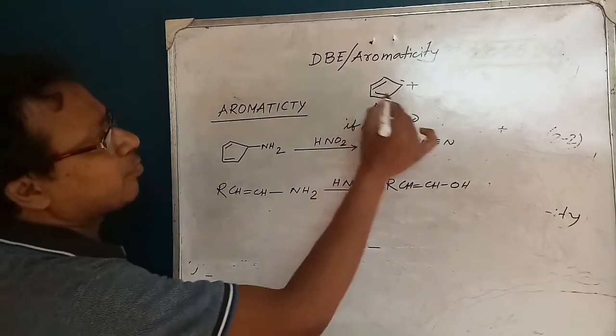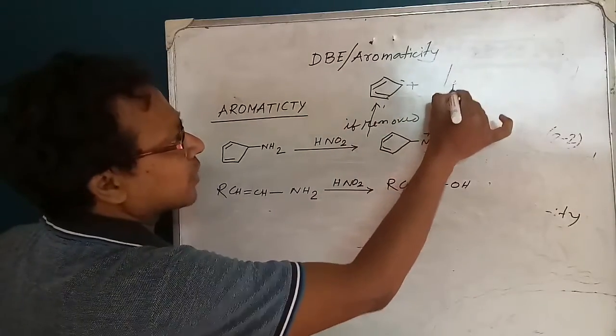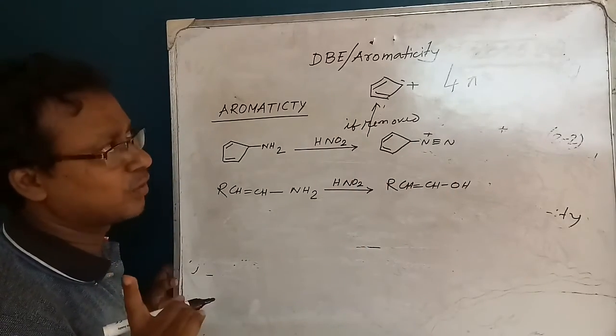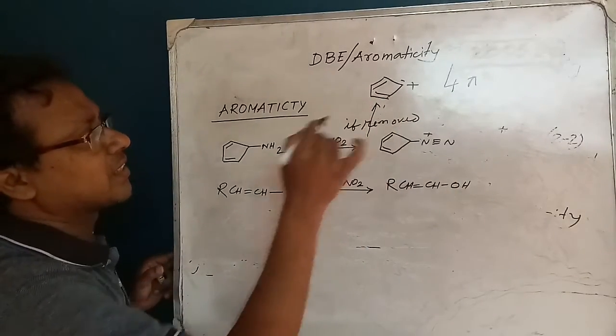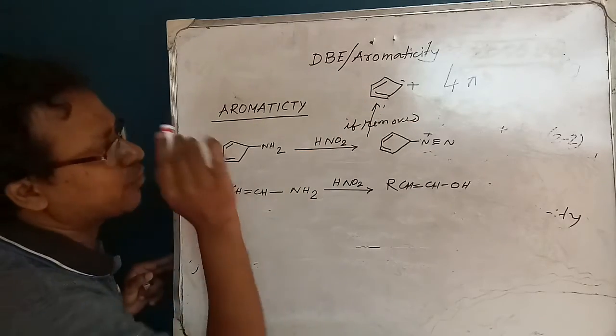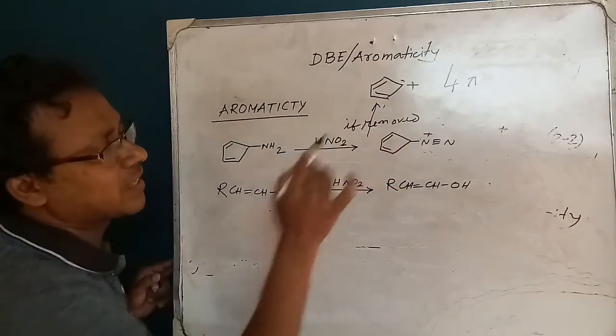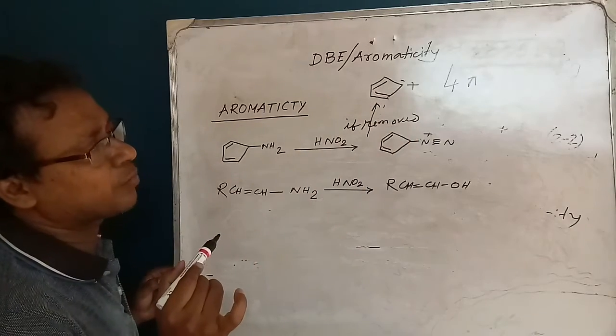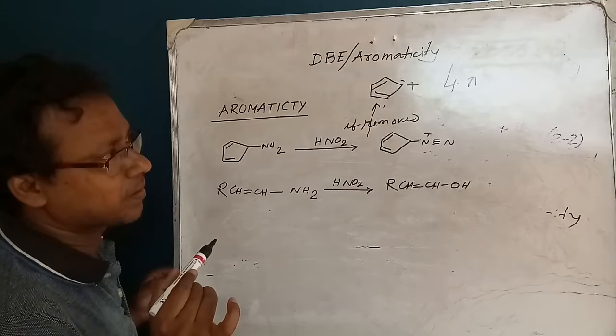Here it will be 4n pi electrons, that means 4 pi electrons follows the 4n rule, planar, that's why it will be anti-aromatic. That's why it will never dissociate to form the cation, just like this cyclopentadienyl cation.